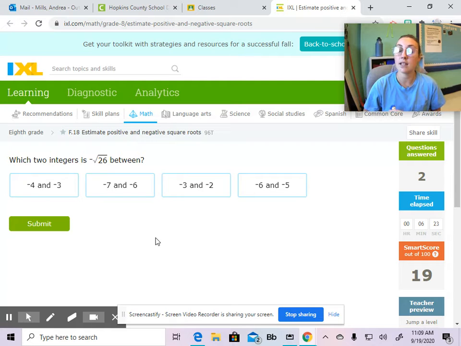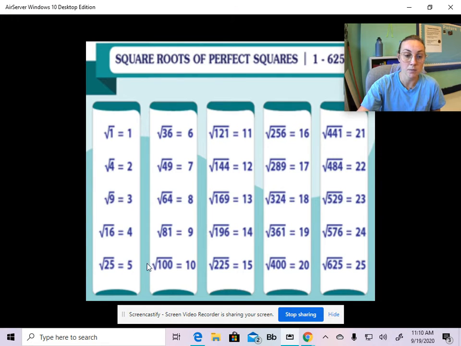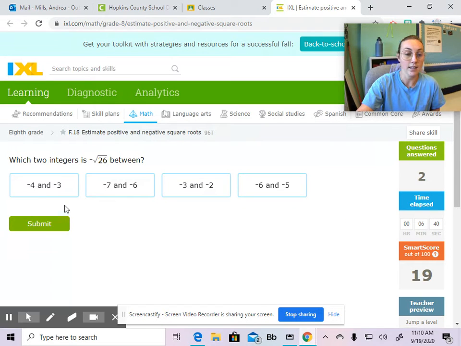What is the negative square root of 26 in between? Let's go back to our notes. Let's find 26. It would be in between the negative square root of 25, which is negative 5, and the negative square root of 36, which would be negative 6. So we can go back and say it would be in between negative 6 and negative 5.